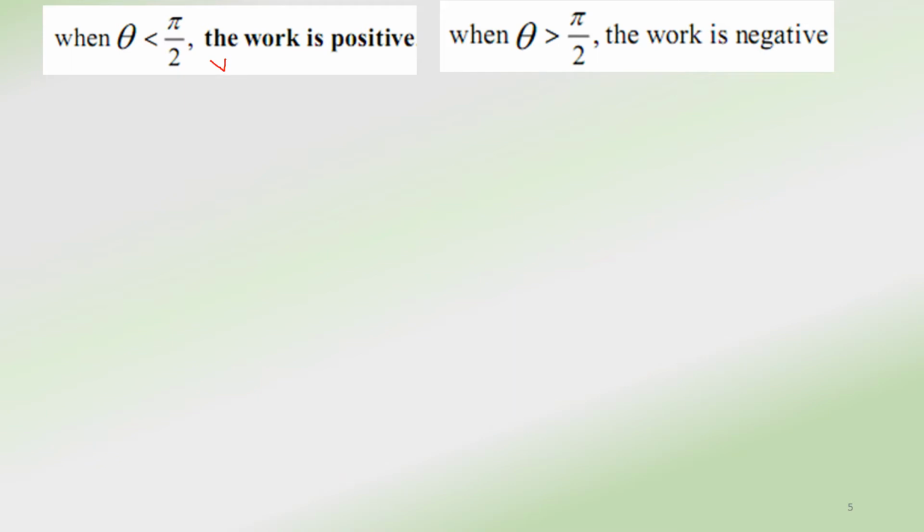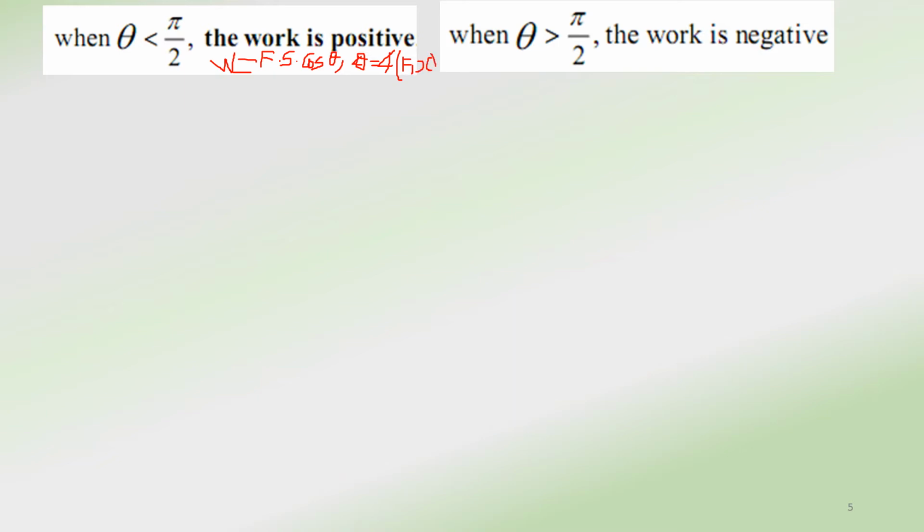Remember, the work done is equal to the applied force times the distance moved, let us say s, times the cosine of an angle theta, where this theta is an angle which is between the applied force and the x-axis.